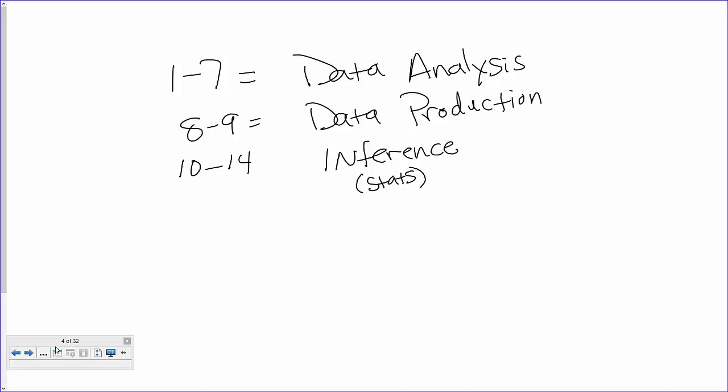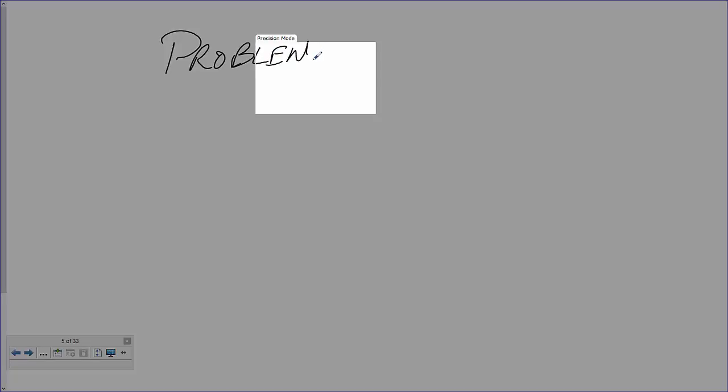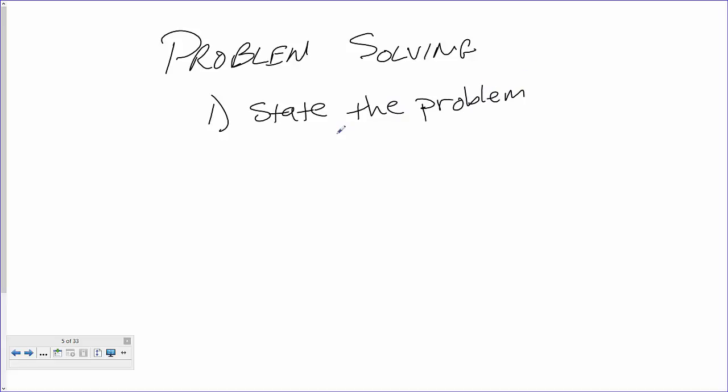So the final thing that I'll leave you with, especially as we get ready for all of this, is whenever we are working on something, we want to have basically problem-solving skills. That's going to be huge when we're working in any field, especially in math. So when we're doing that, first of all, you gotta know what the problem is. So you first need to be able to state the problem. What is it that we're actually looking for?